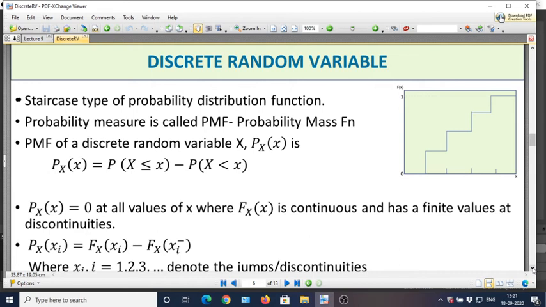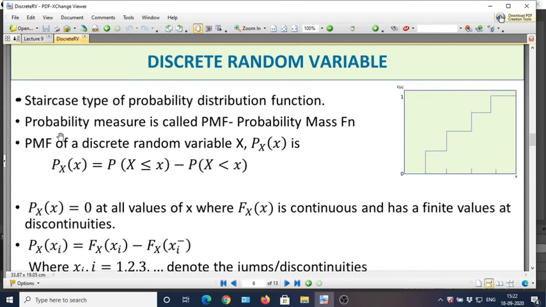But in the case of a discrete valued random variable, the random variable x takes values only at finite or countably infinite values on the real axis. In which case we can see that the probability distribution function, or specifically the CDF, will be a staircase type function.